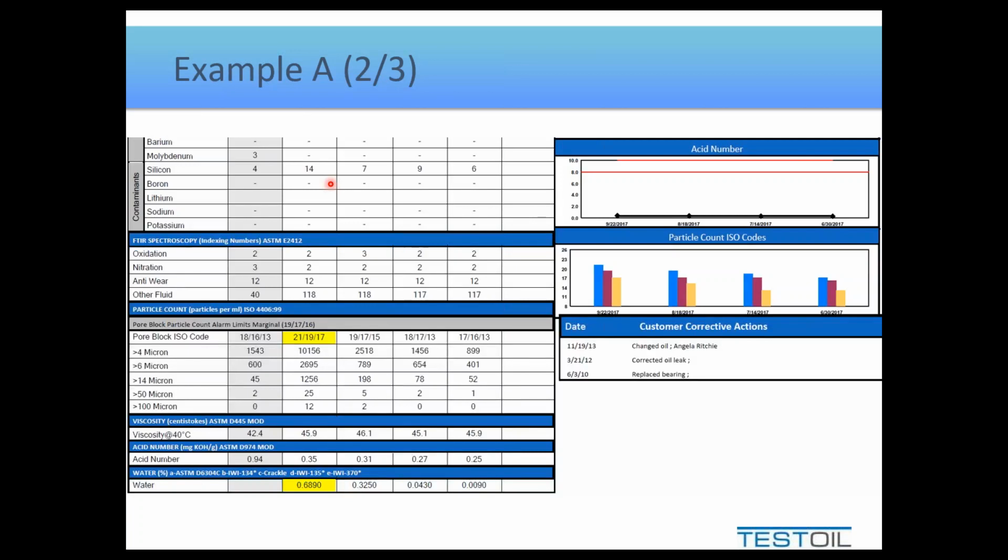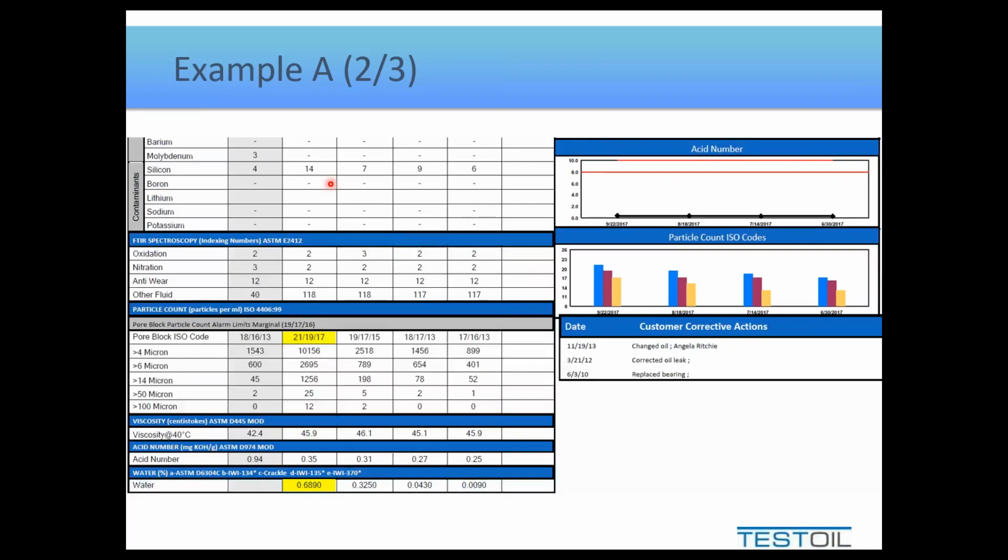And the easiest way to do this is to simply ask yourself, did silicon cause the iron and lead to go up, or did the iron and lead increasing make the silicon appear? And it's fairly easy to say iron and lead cannot make silicon appear, but if it was in the form of dust or dirt, it could, of course, make the iron and lead appear. So silicon seems like something you would call a cause.